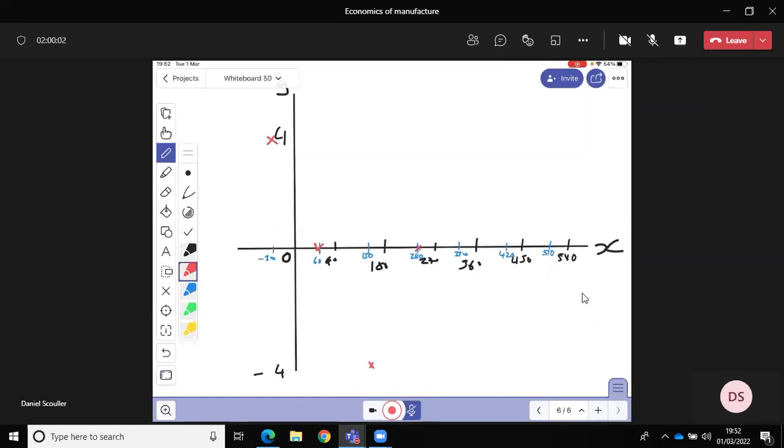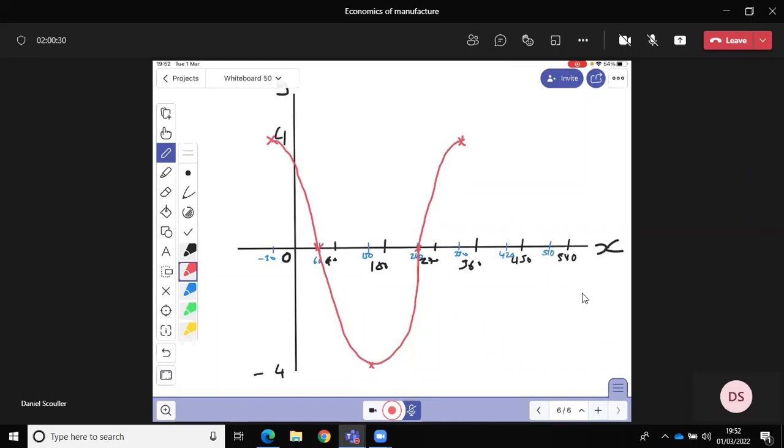Crosses the x-axis again at 240, and then reaches a maximum at 330. Okay, so that's one full wave that we've moved by 30.